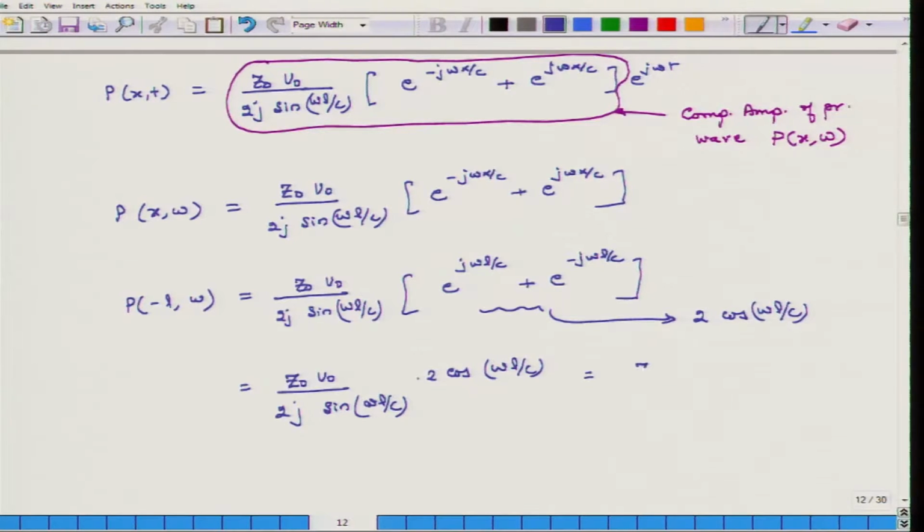So, this is equal to Z naught u naught cotangent omega L over C.